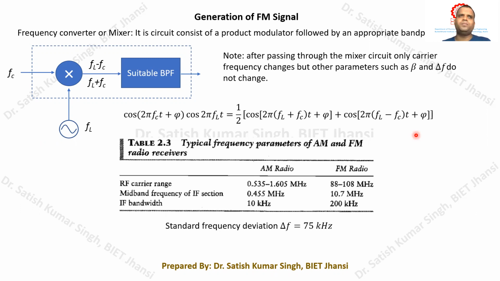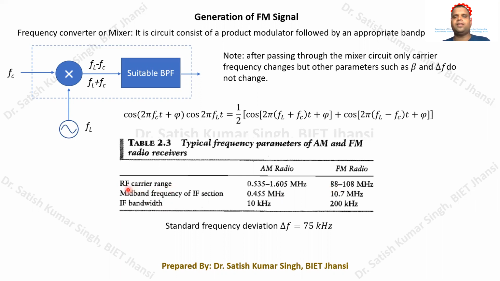So what is the typical frequency that you tune to catch a particular radio station? In the FM case, in the frequency modulated radio stations, the typical frequency range you see on your radio set or mobile varies from 88 to 108 megahertz. So basically it is the RF carrier range.